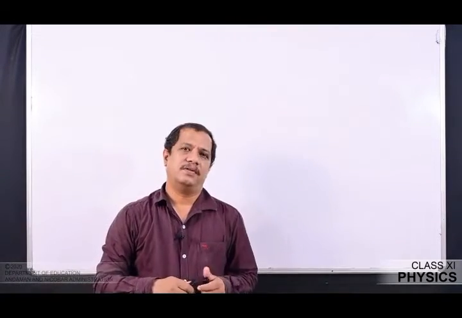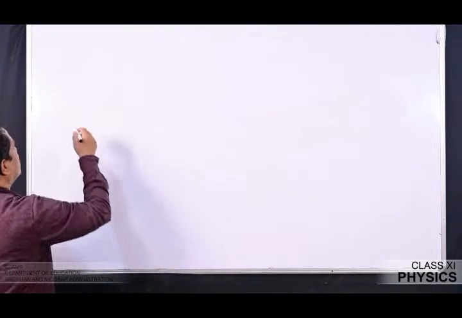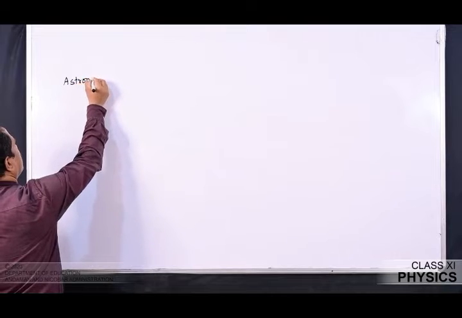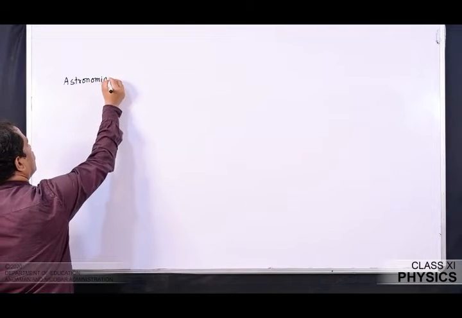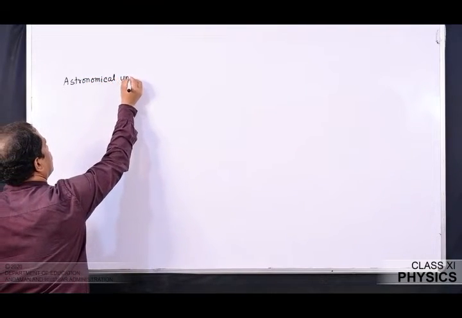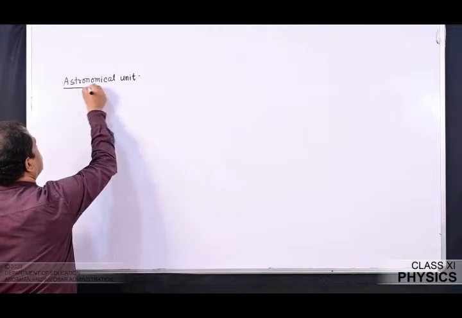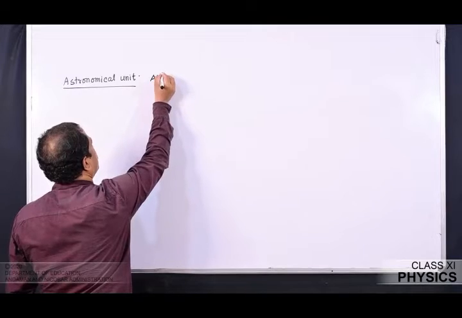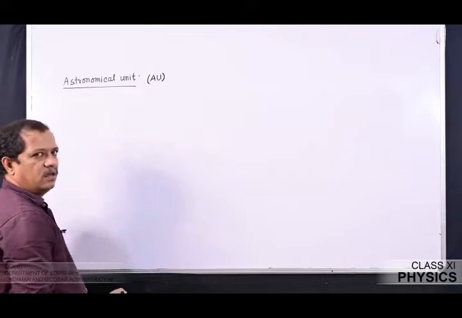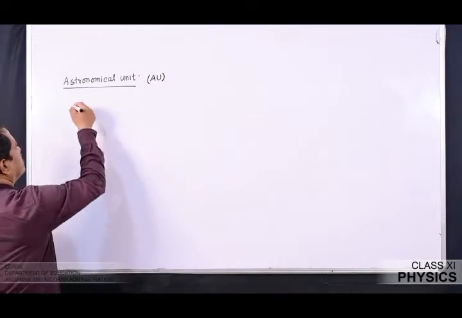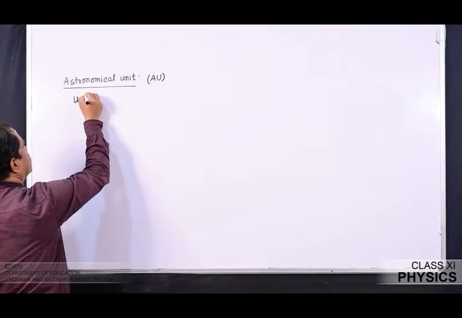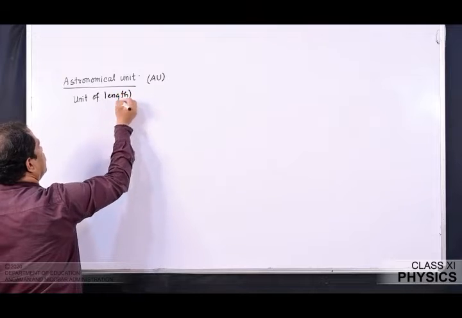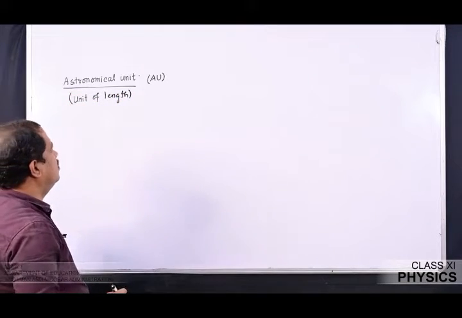The next practical unit we talk about is the astronomical unit, abbreviated as AU, capital A, capital U. This is also a unit of length, a very large unit. Now, what is this unit?